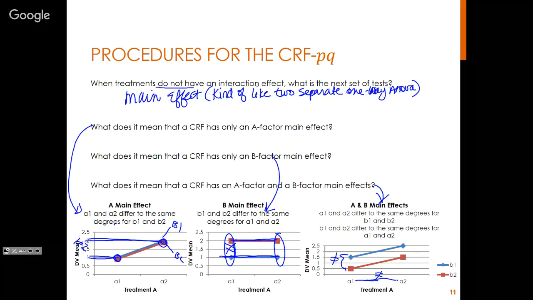So the change that we see from A1 to A2 is the same in B1 and B2. And the change that we see in B is the same at A1 and A2. Okay.